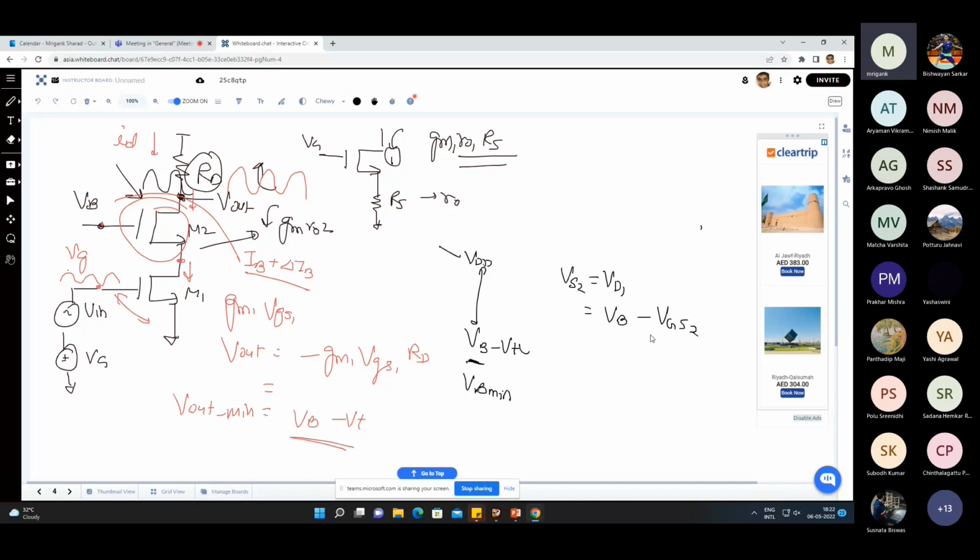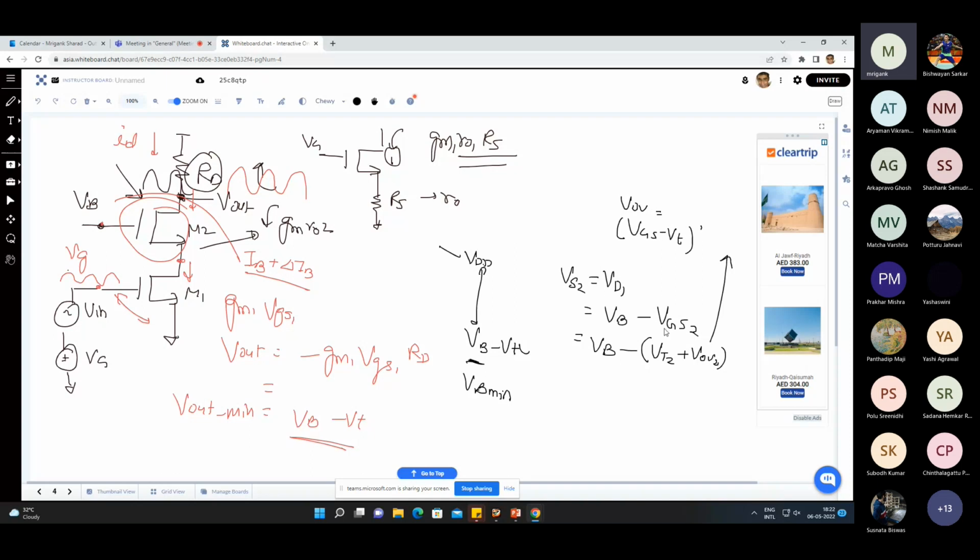Now, what is VGS of 2? This is nothing else but VT of 2 plus V overdrive of 2. Because how do we define V overdrive? V overdrive is nothing else but VGS minus VT. So I can express VGS in terms of VT plus V overdrive.